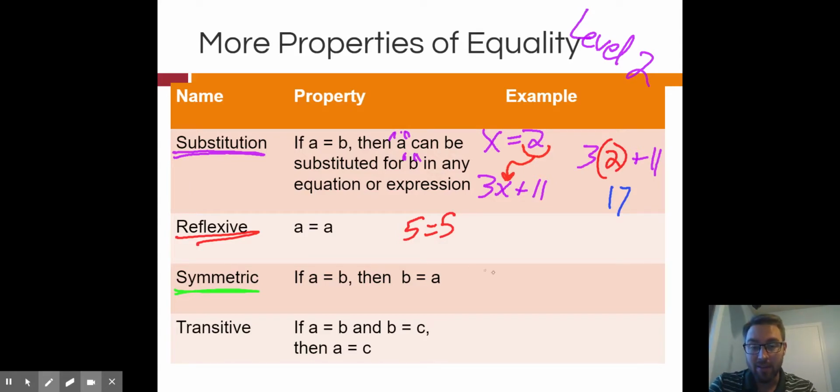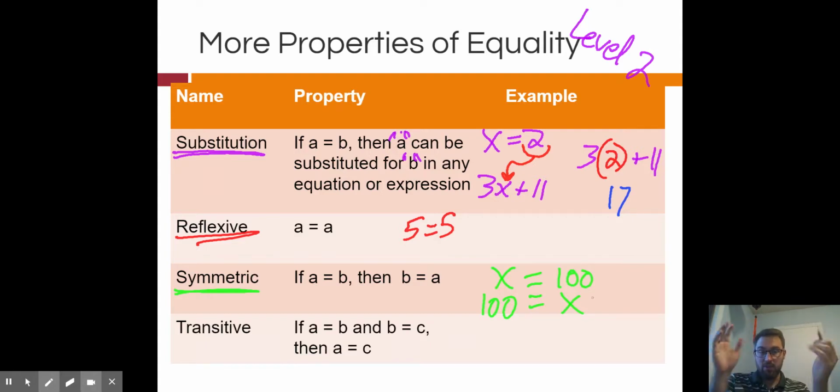So if I tell you that x equals 100, then I can also say 100 equals x. So you can just flip everything over, because if one thing equals the other, then the other equals that. And the last one I want to cover right here is called the transitive property.